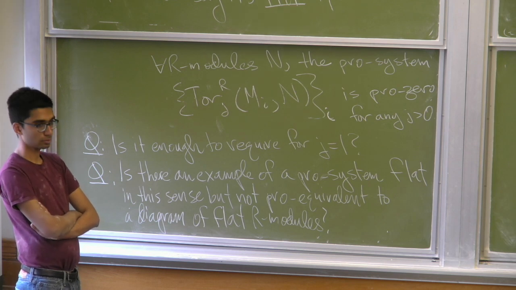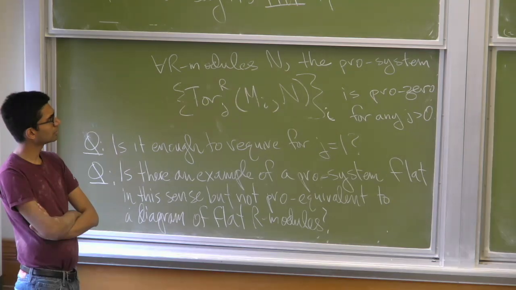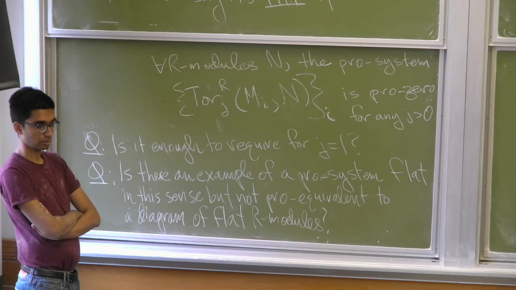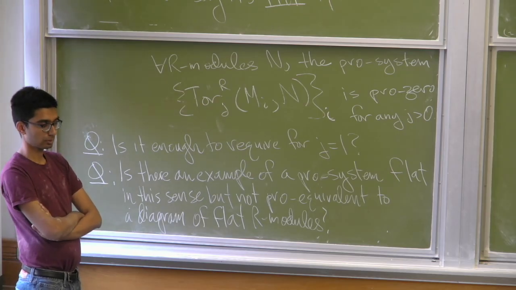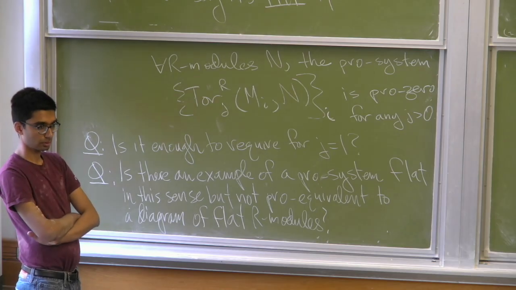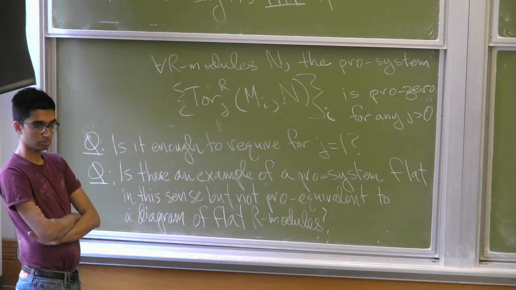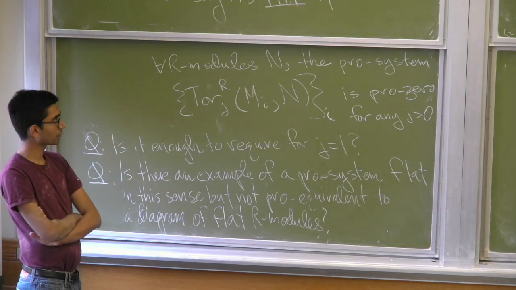For m and n, we have the condition that something should hold for any R module n. But each R module n will have this, and this existence requirement will guarantee that something exists, but it will a priori depend on n.